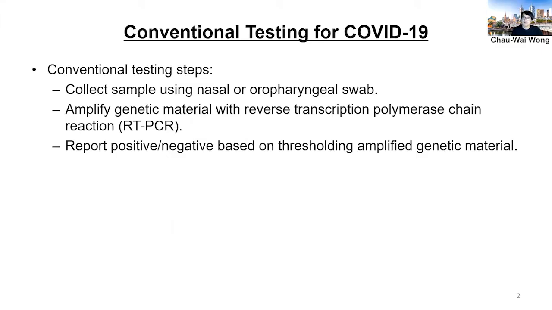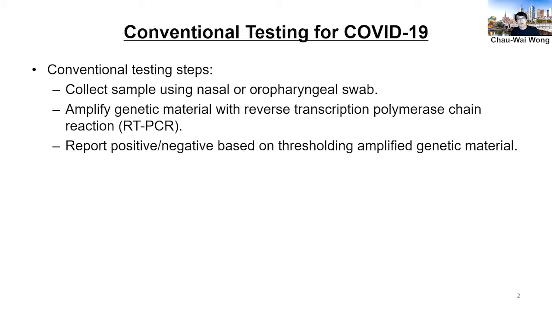COVID-19 as of now is still a global challenge, and testing is an important tool to help control the pandemic. The conventional testing procedure has 3 steps. The first step is to collect a sample from an individual's nose or mouth. The second step is to process the sample through a so-called RT-PCR procedure.